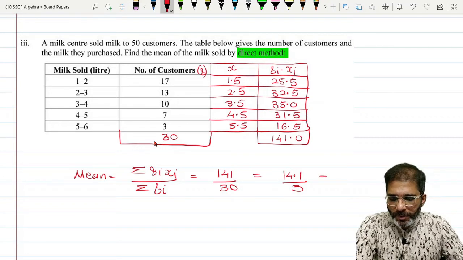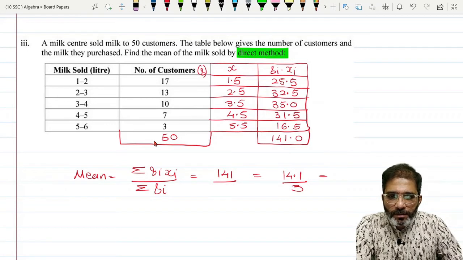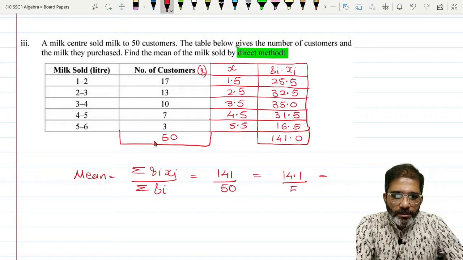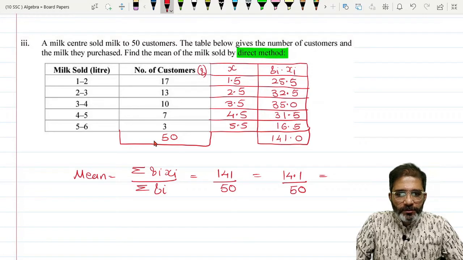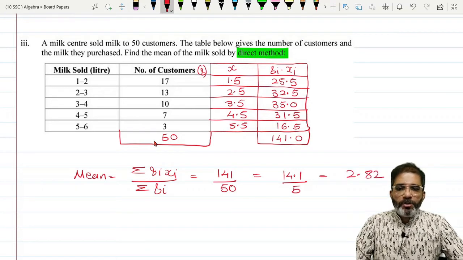Okay. Sorry, the total is 50. I'm sorry, students. The total is 50. So here will come only 5. We remove the decimal. Okay, so 14.1 upon 5, that is 2.82.